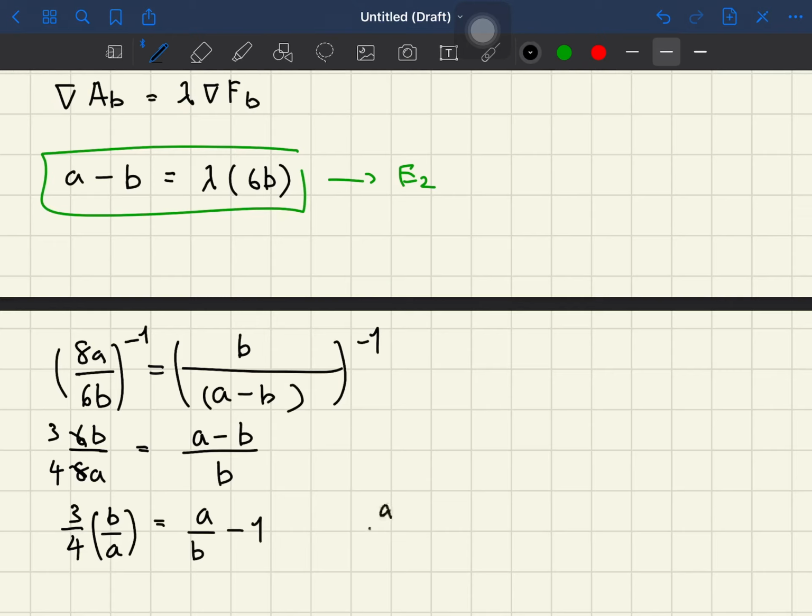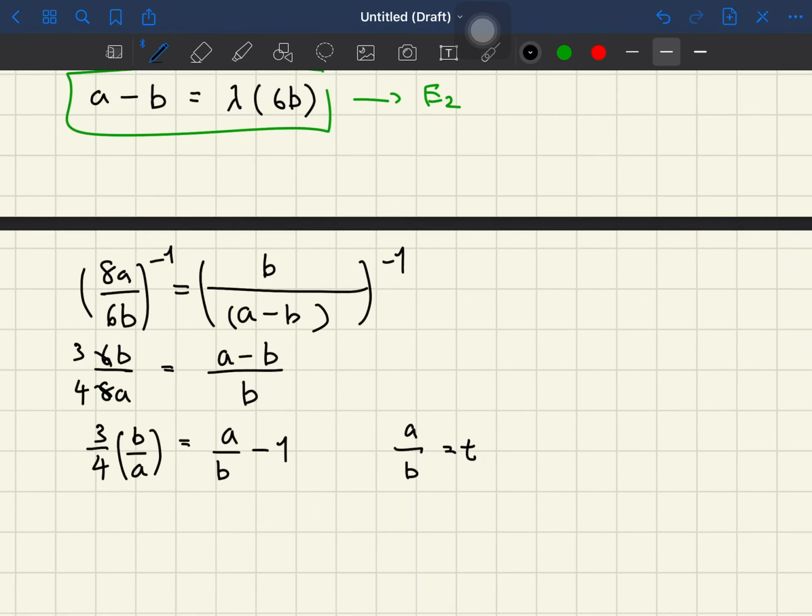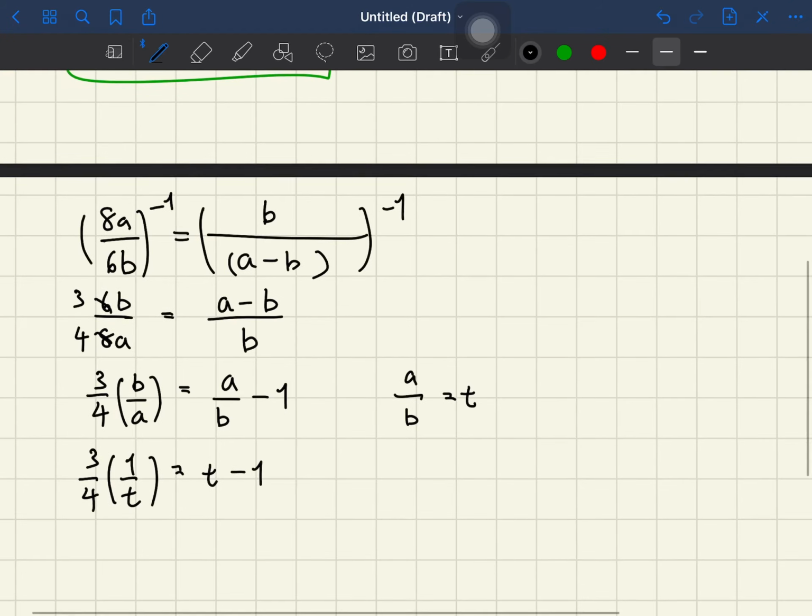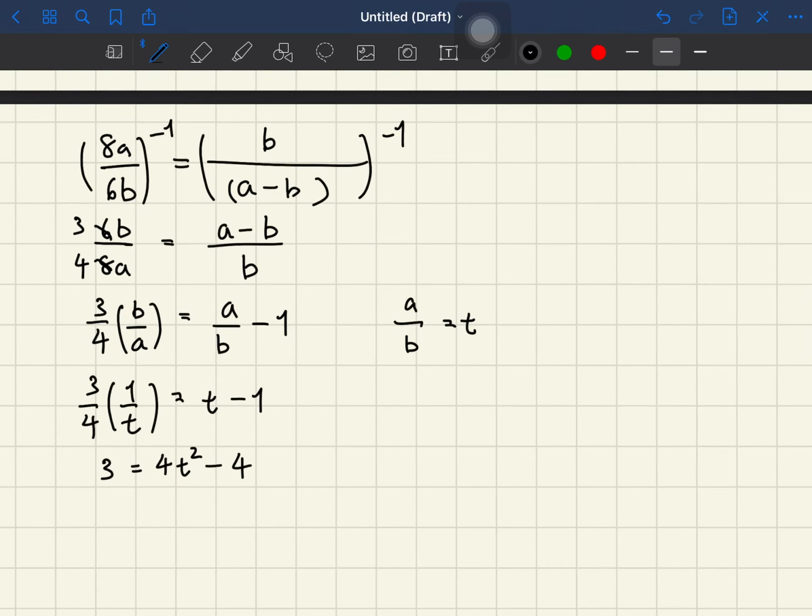So we name the ratio of a over b equals t. And then we can get this one as 1 over t, and this one as t minus 1. Then you will have 3 equals 4t squared minus 4t, right?